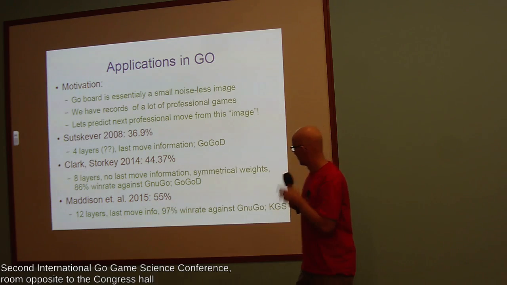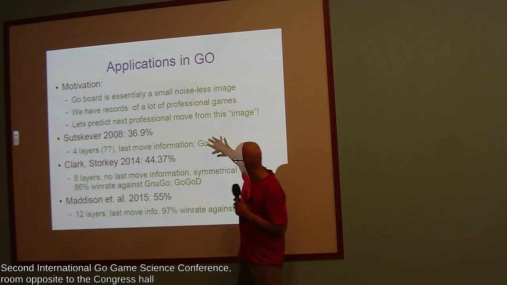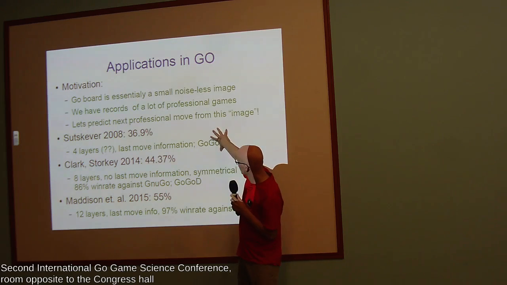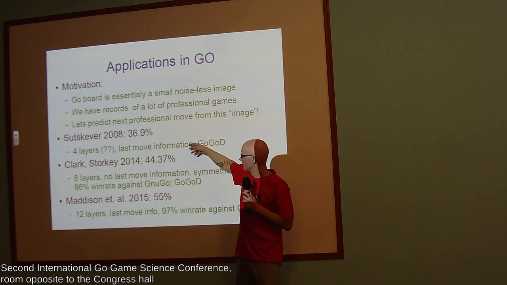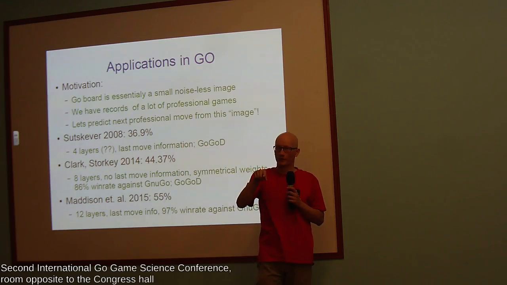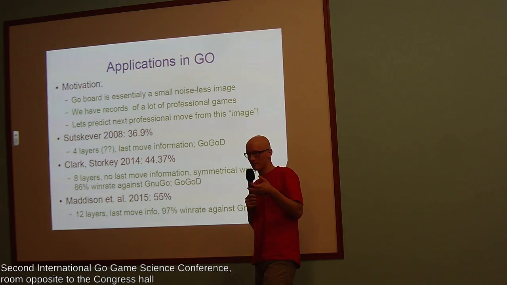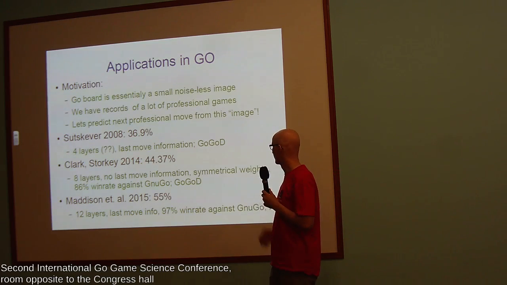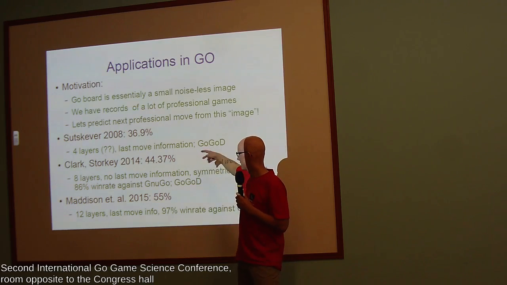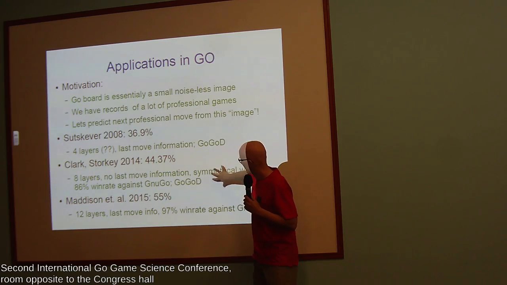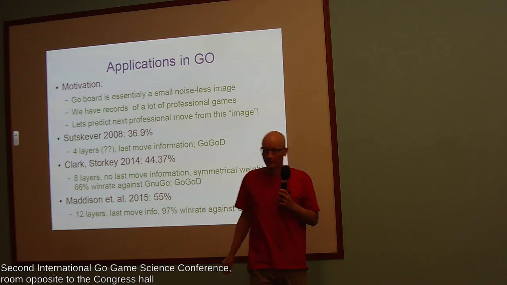One more difference between these networks was that the first approach used the information about where the last move was, and this turns out to be quite helpful to improve the prediction accuracy. In the second approach, they did not use the last move.